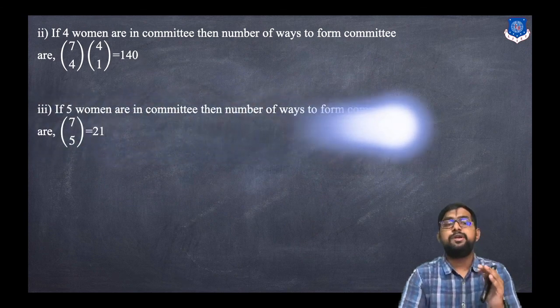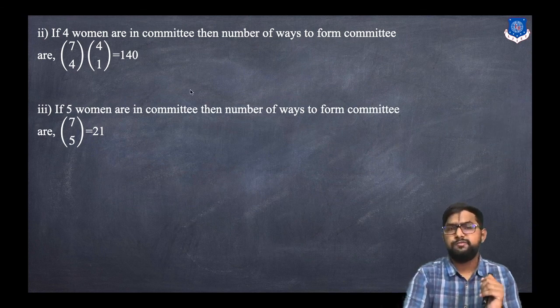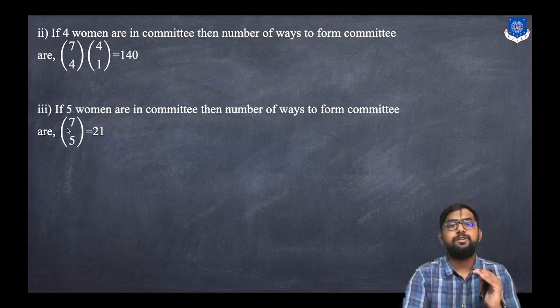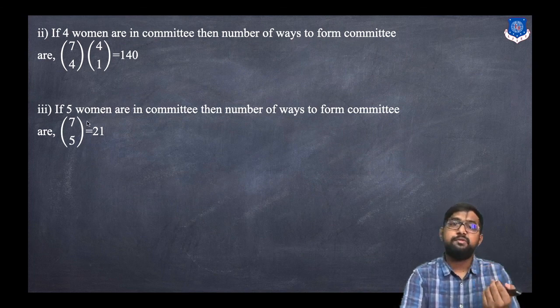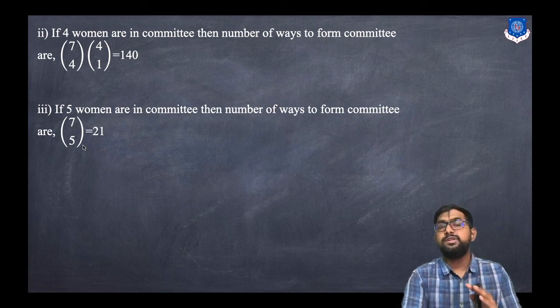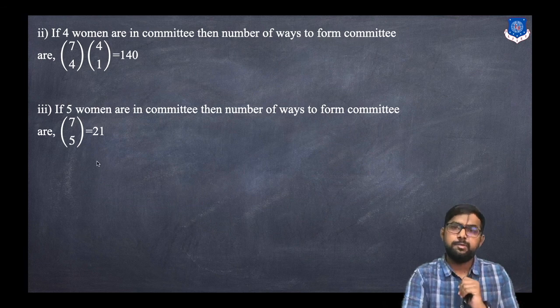And the last step: if 5 women are in the committee, we have 7 women, and out of 7 we want to form a committee having 5 women, so the total number of cases will be 7C5. Here only 7C5 will be there. Why?